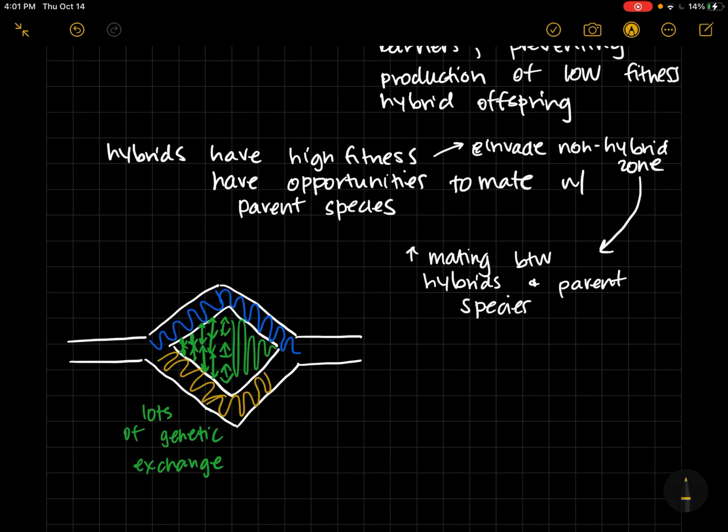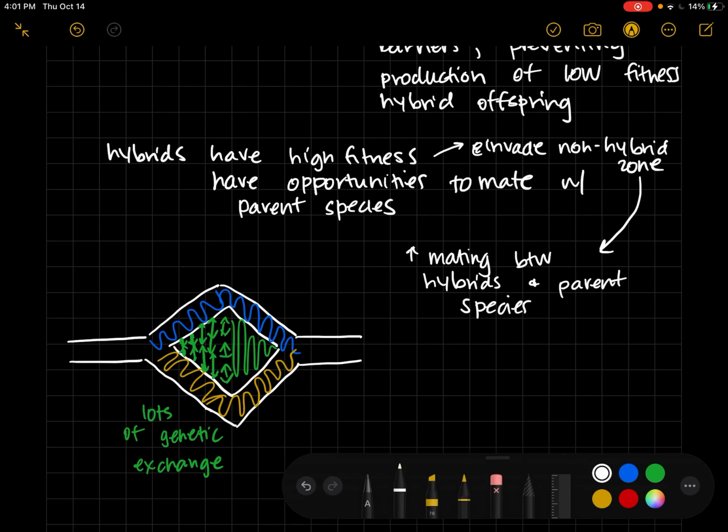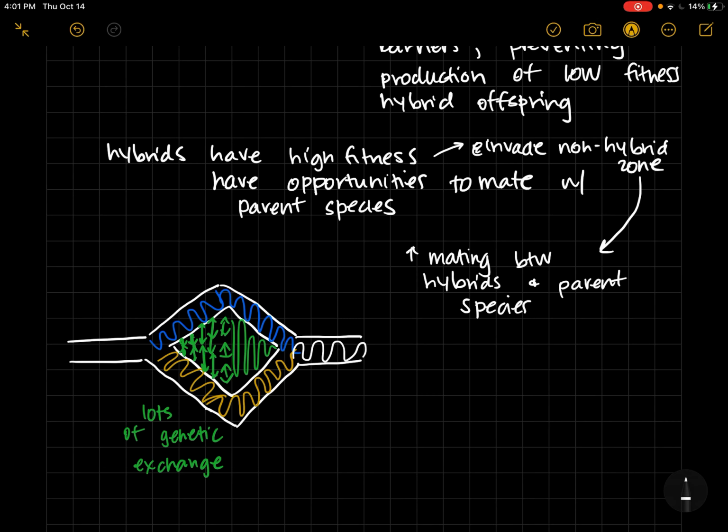So, two populations making a giant metapopulation where there's extensive gene flow. Eventually these will collapse back into a single species if there's high enough gene flow. Okay, and we call this situation fusion.